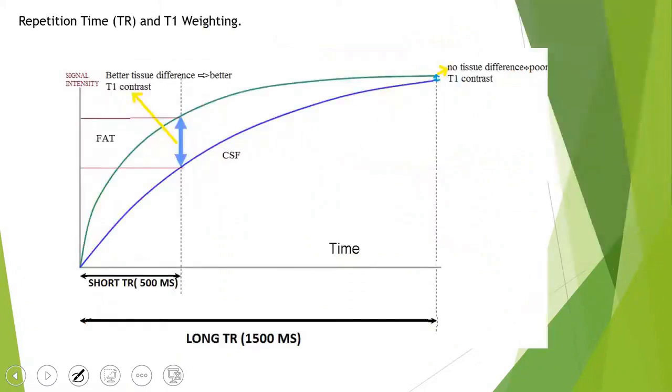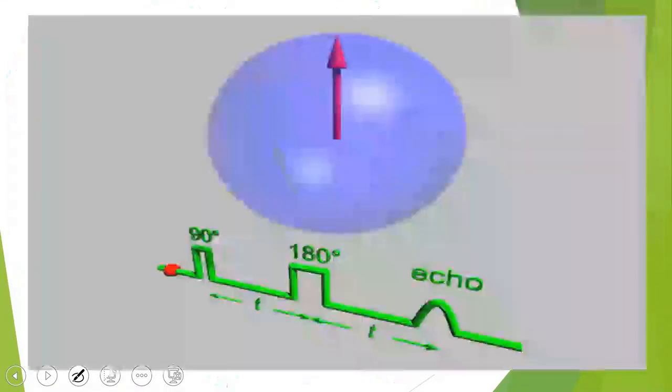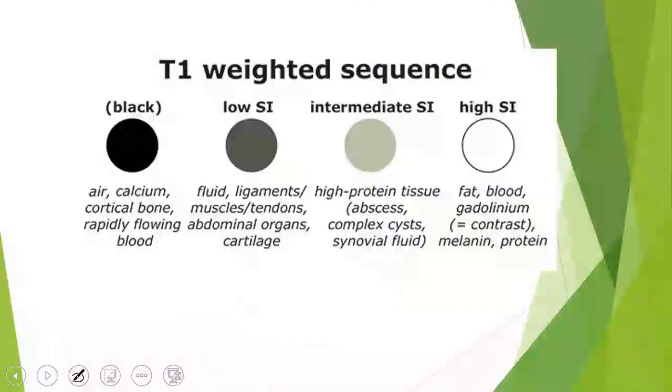Okay? So here is the difference. The difference is between fat and water, or cerebrospinal fluid, CSF. The T1 weighted image shows bright areas with high signal intensity, intermediate signal intensity, low signal intensity, and black areas like air, calcium, cortical bone, and rapidly flowing blood, for example.